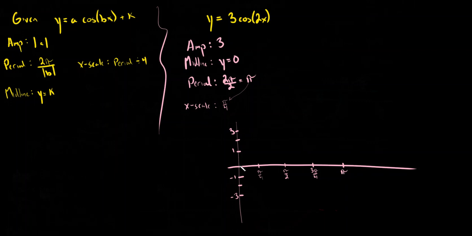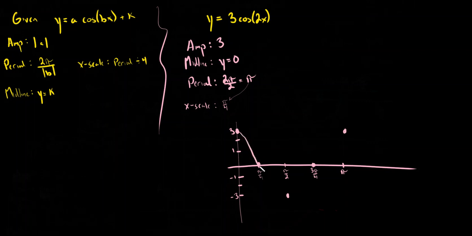Now sine started at the midline, cosine starts at the maximum. So I'm starting all the way up at the maximum at 3. And once you're at that maximum, the only way to go is down. So we go down the amplitude of 3 to our midline of 0, down another 3 to our minimum of -3, and once we're at the minimum, we can only go up 3 to the midline, and up 3 to the maximum.